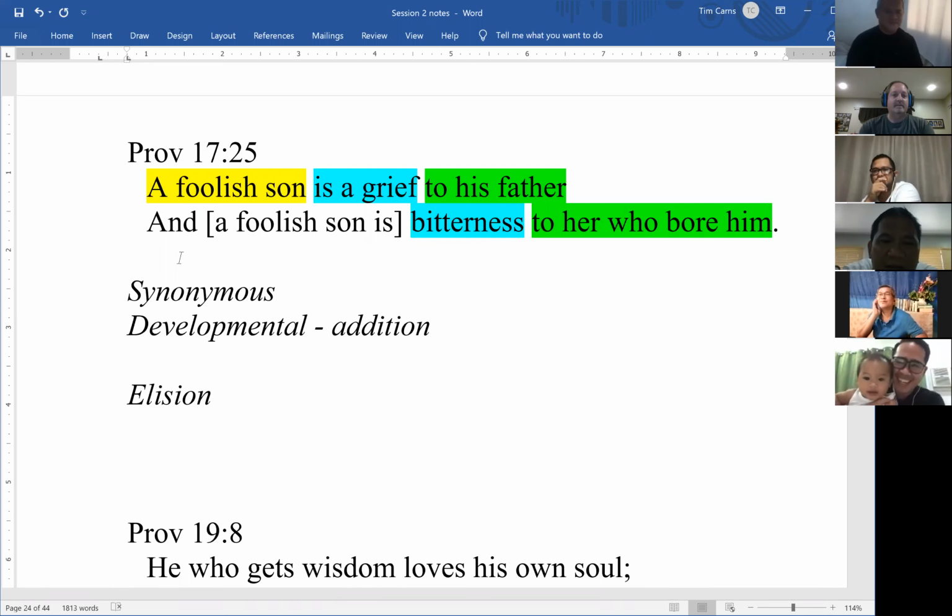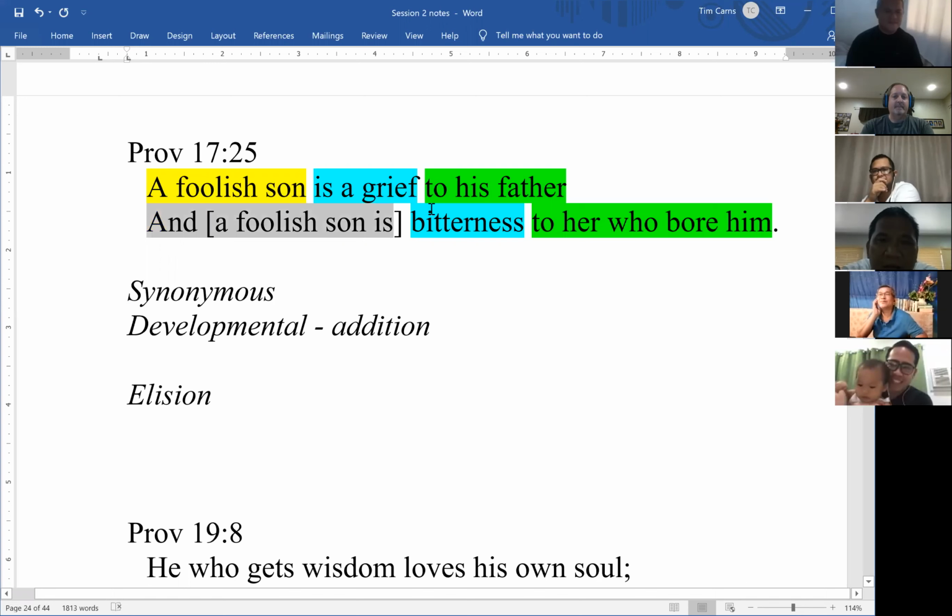So I think synonymous is the most accurate. And again, this is why I do this. I break up the subject, verb, and object just to see. Okay, well, I see a verb here is bitter, or the bitterness, and then to her who bore him. So it looks parallel to synonymous to me. And if we assume there's elision here, that a foolish son was left out, then it's clearly synonymous.